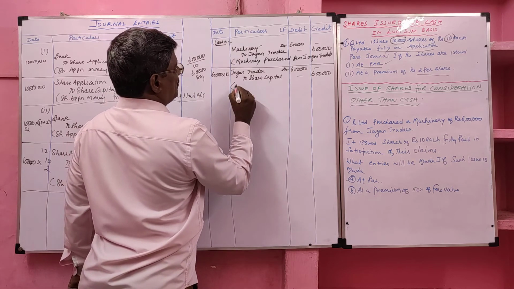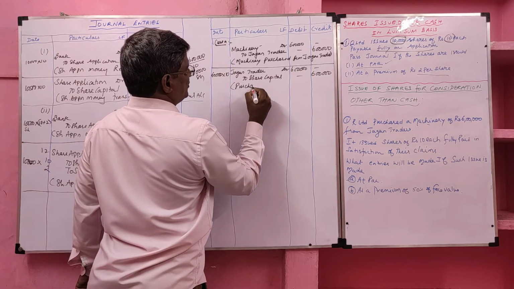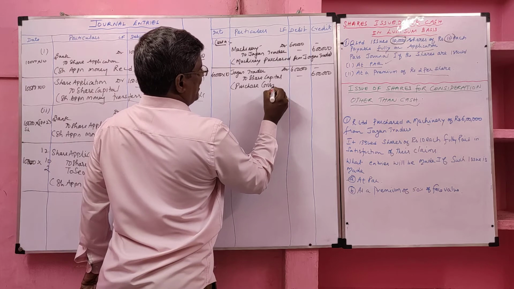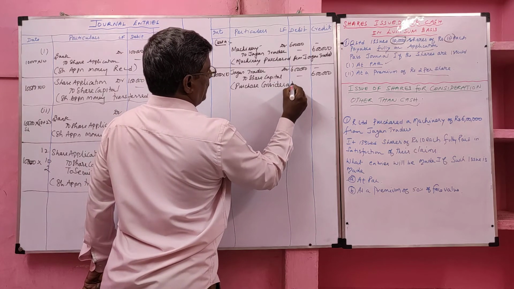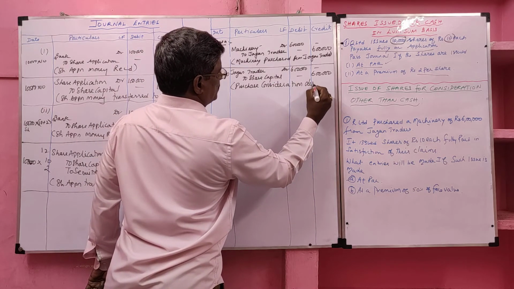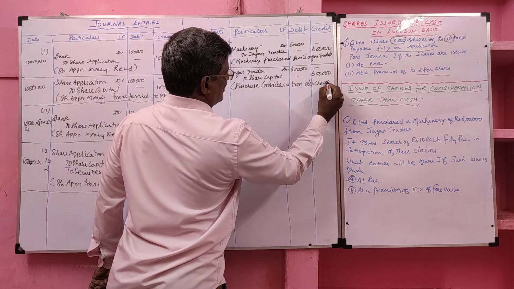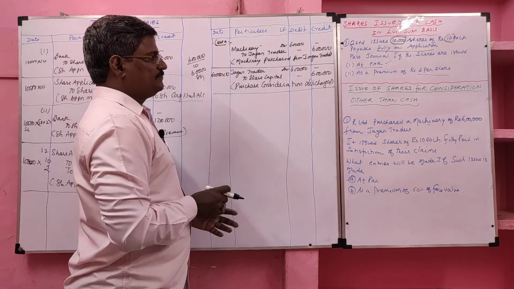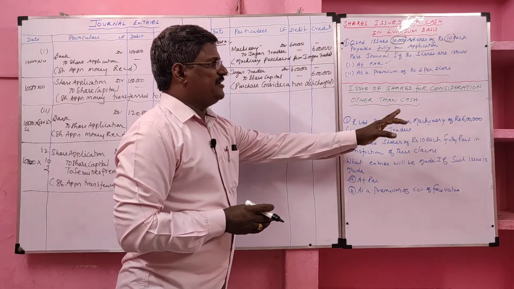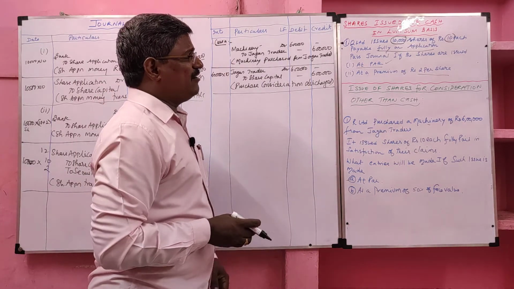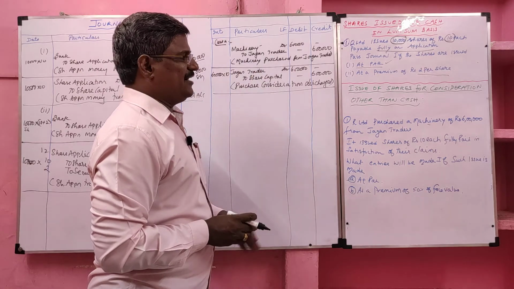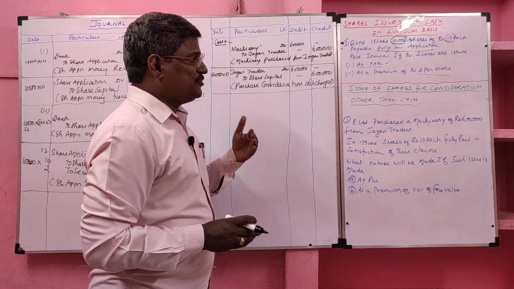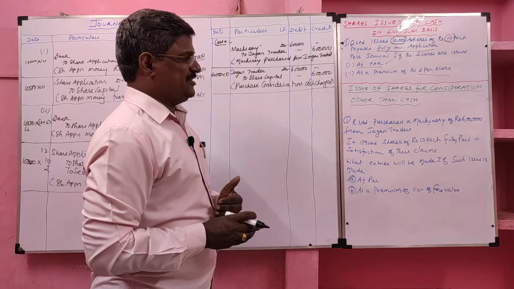Now we can write: purchase consideration discharged. Once again we'll repeat. R Limited purchased a machinery worth 6 lakh. What entry will record? Machinery account debit to Jagan Traders. Now we should pay the purchase price.